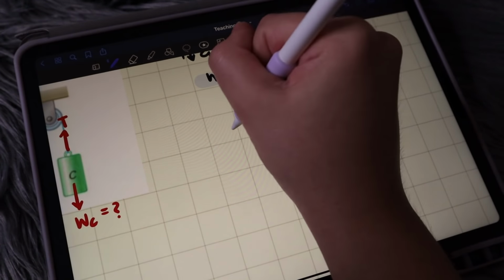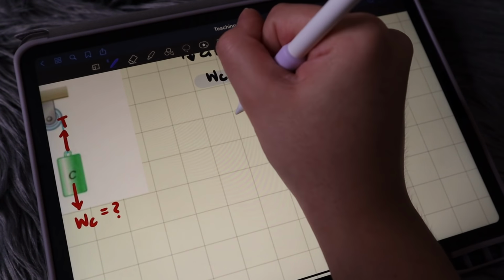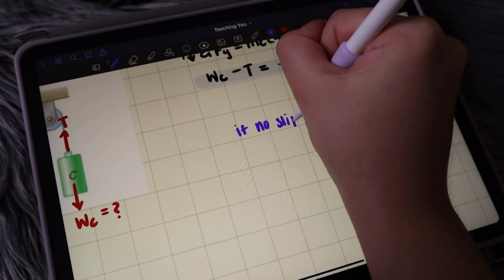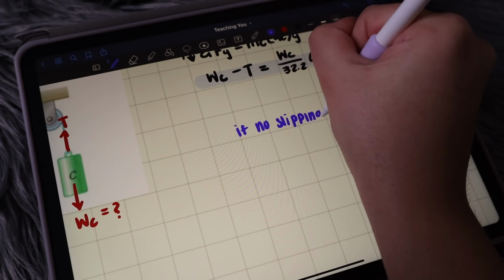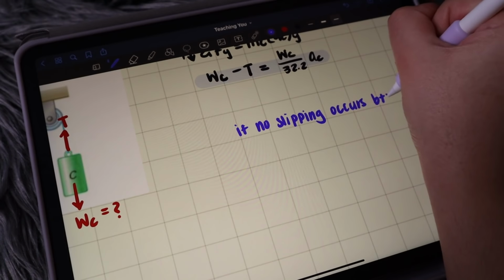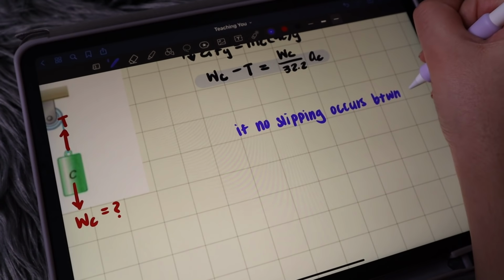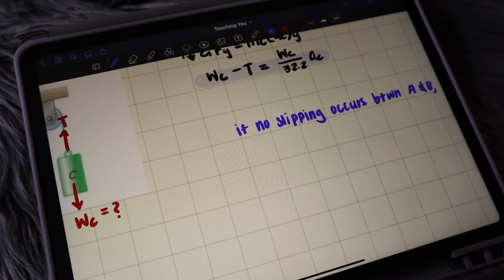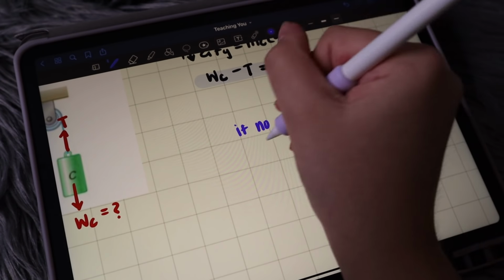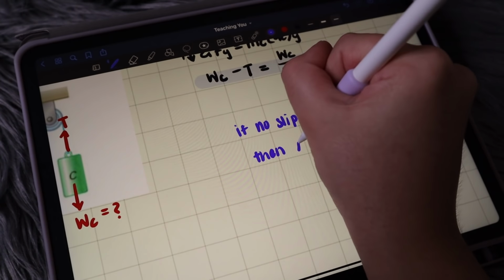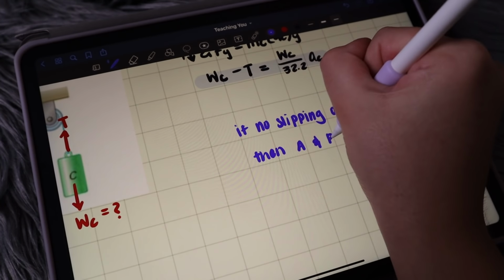Okay, so if we're saying that no slipping occurs between A and B, then we're basically saying A and B are moving together.